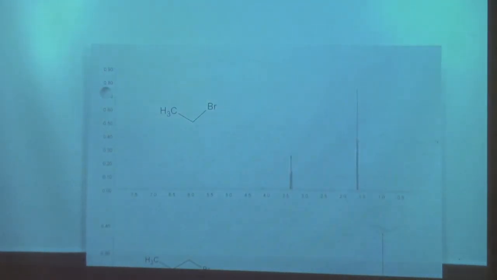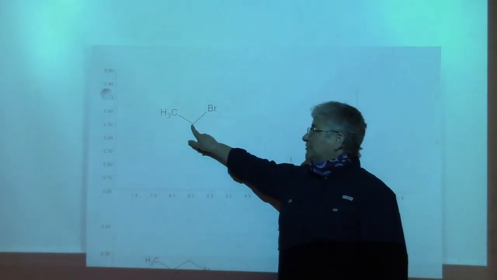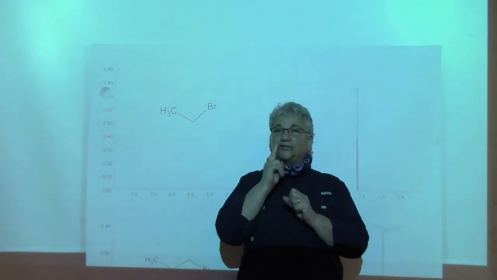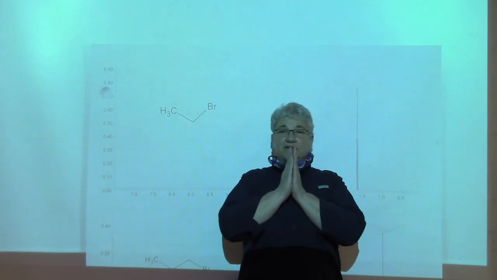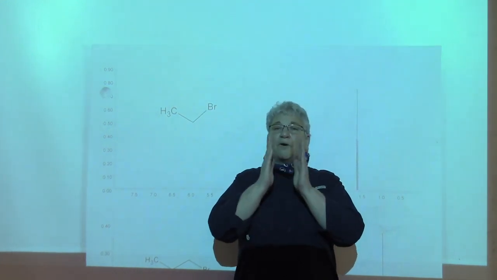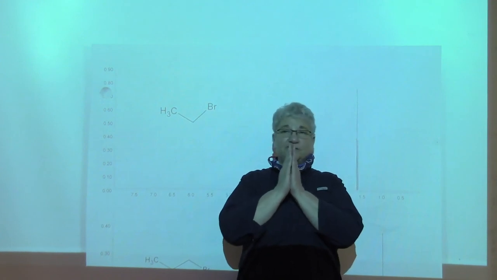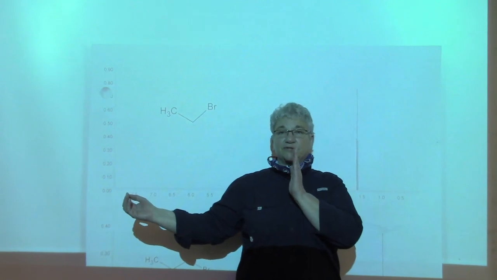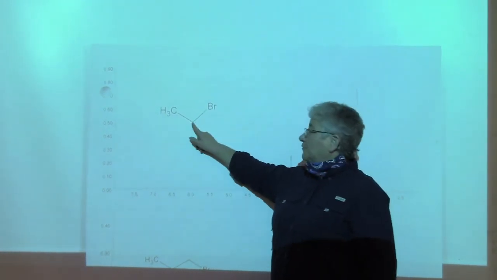Right, you have your ethyl bromide. So, if I am these two hydrogens, I am going to integrate to 2, because I'm a CH2 group. But what is my splitting pattern going to be? My splitting pattern has nothing to do with me and only has to do with my neighbors. Here I don't have any hydrogen neighbors, so I don't have to worry about it.